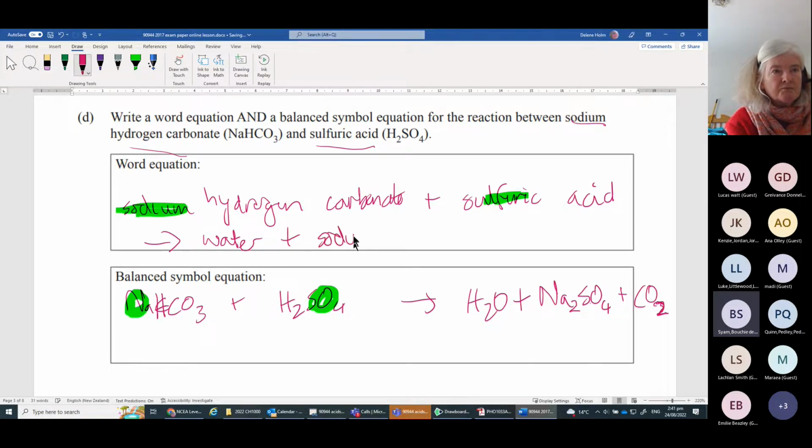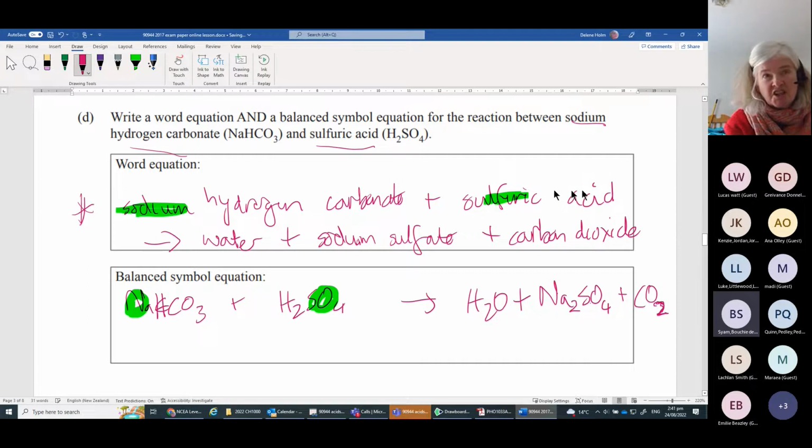So this will be sodium sulfate plus carbon dioxide. If you wrote just this one down and you got it all correct beautifully, they're not too fussed about this. This is just simply an achieve level question for those that don't know their formula or can't write balanced equations. So now we've got to balance it.